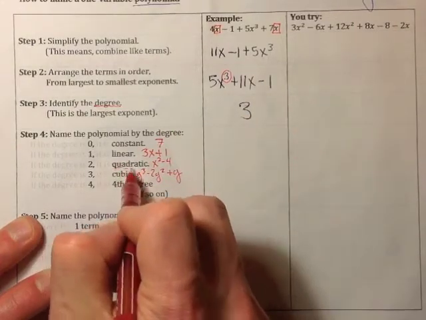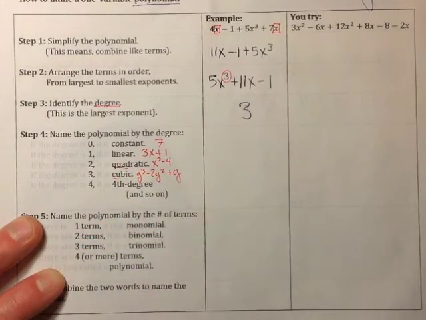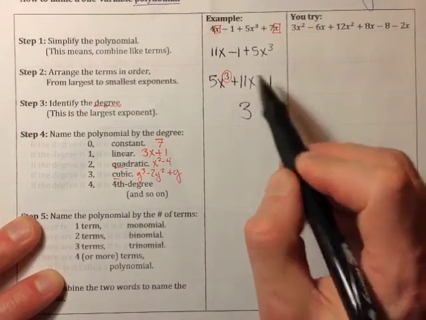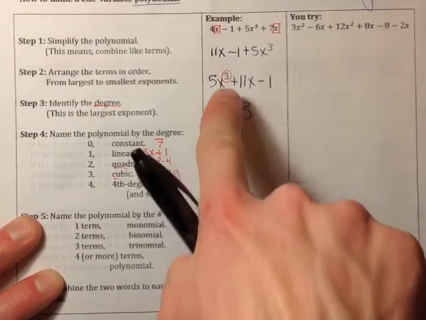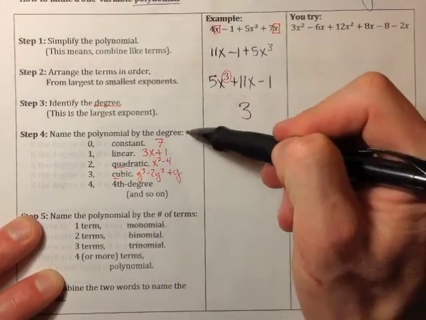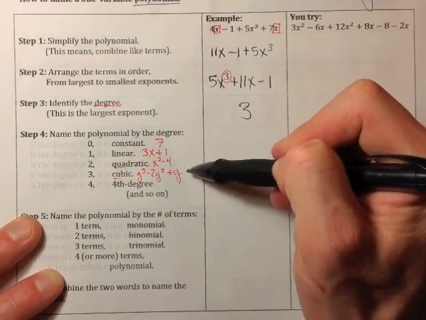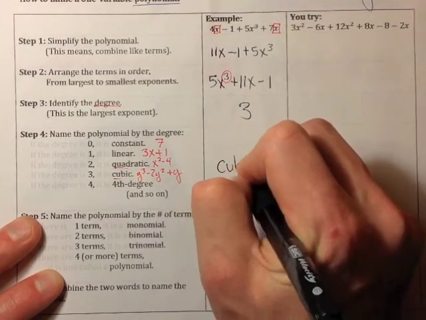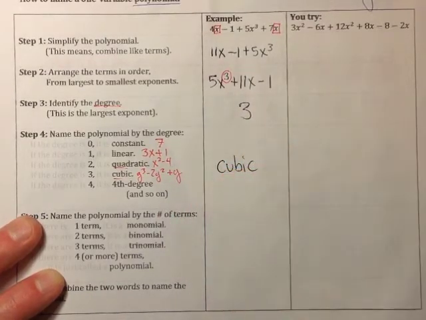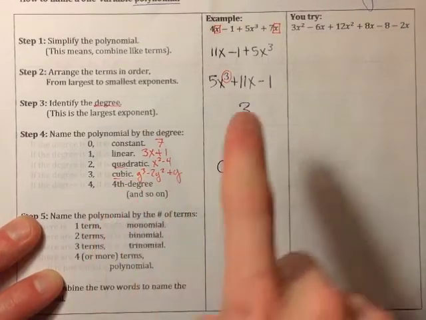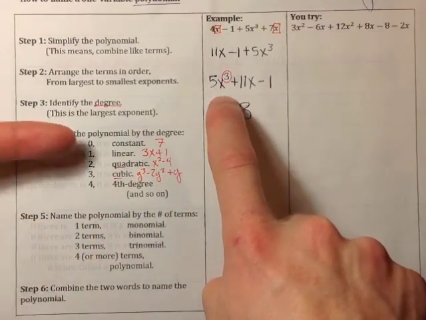Especially the quad and the cube in there. Think about the roots of those words. Now let's go back to our example. The degree is 3, so what kind of polynomial is this? It's cubic. Now, we've named this polynomial by its degree.